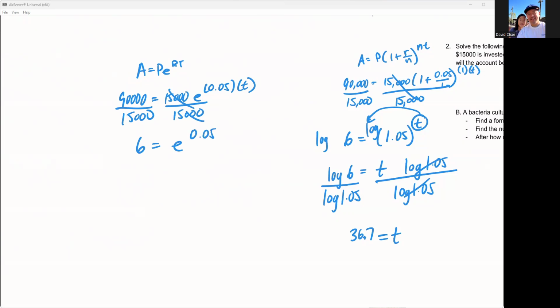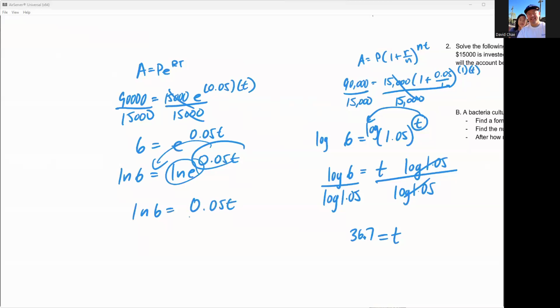And then ln both sides. This comes down right here. ln of e is 1. So ln of 6 equals 0.05t. Divide both sides by 0.05. t equals, so get the ln of 6 on your calculator and divide that by 0.05.